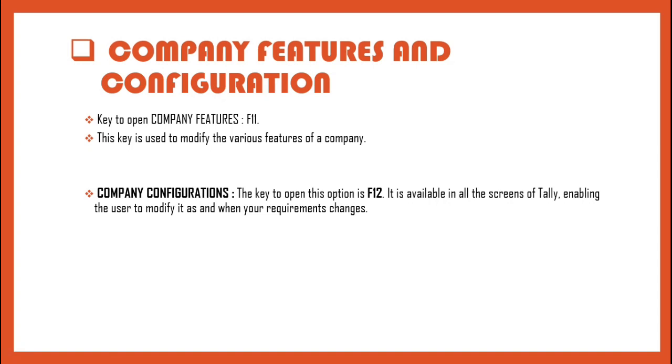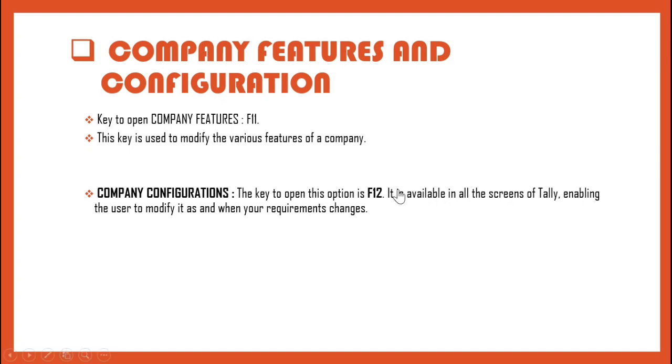Company features enable you to alter or modify the various features of the company, which Tally can offer, such as interest calculation, creation of cost centers, GST. If you want to enable these options of a company, you have to go to company features and enable them. And the shortcut to go to company features is F11, the key to open company features.